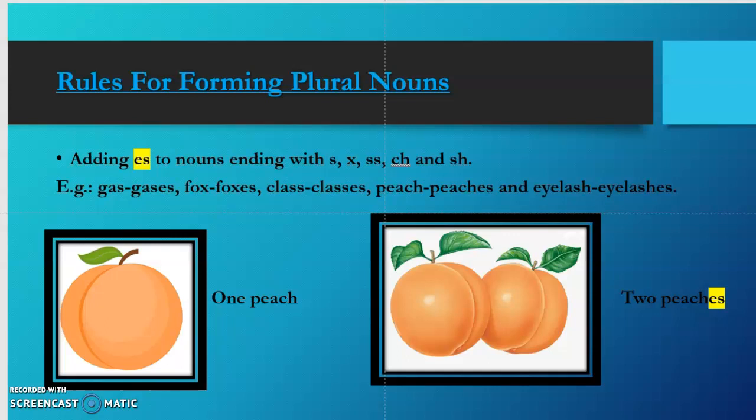One peach ends with ch. Become two peaches. We have added the es at the end. And last example is the words that end with sh, like eyelash becomes eyelashes, or splash becomes splashes.